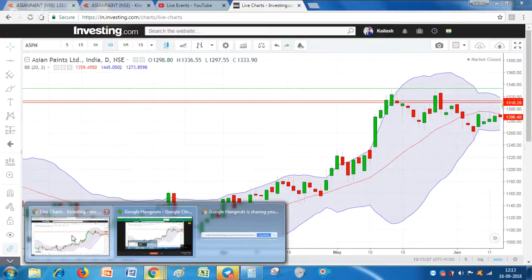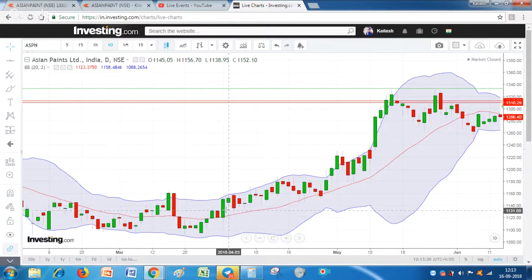Okay, friends, so it shows that there is a risk of about 20 rupees. If we are comfortable with 20 rupees of risk, we would have taken a buy entry in this stock this day, above 1133 with a stop loss of 1111, or even for the safe side we would have capped it at 1110.